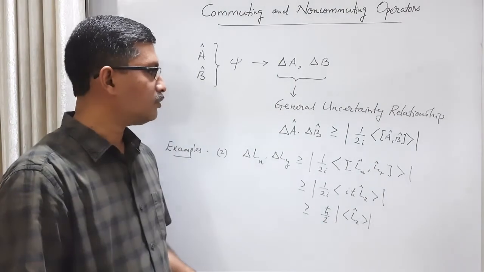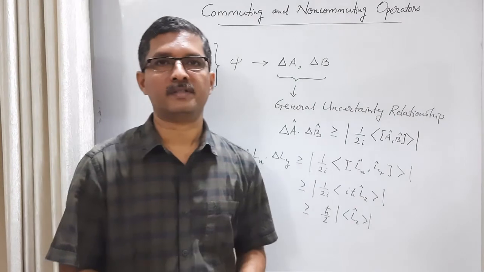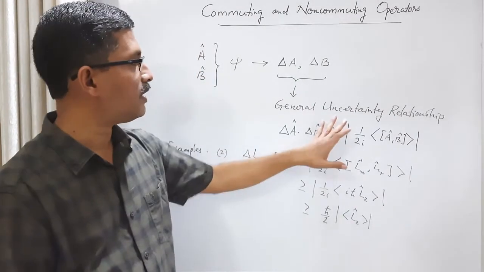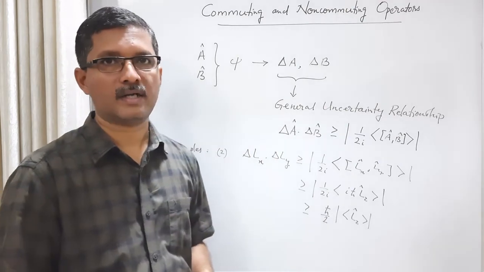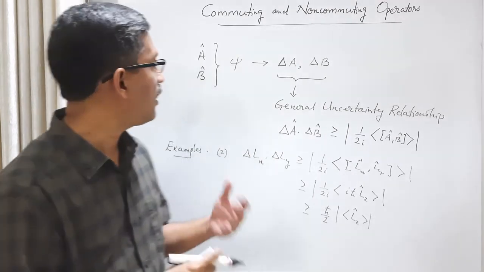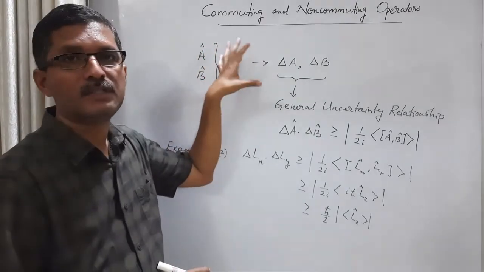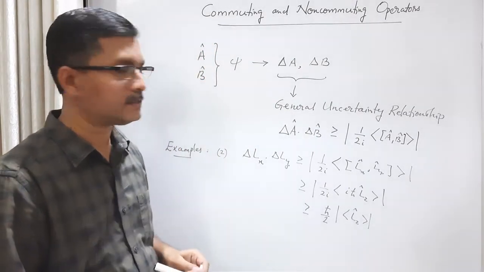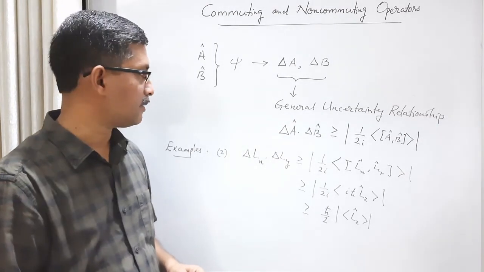So the general idea is that if we have a pair of non-commuting operators and we try to measure them in a state which is not an eigenstate of these operators, then they satisfy the general uncertainty relationship.